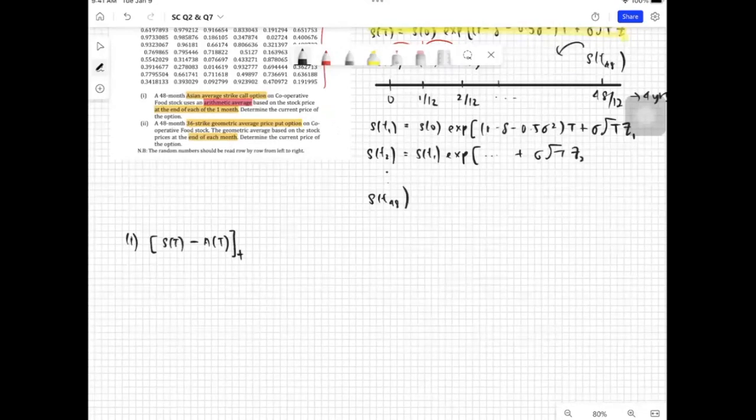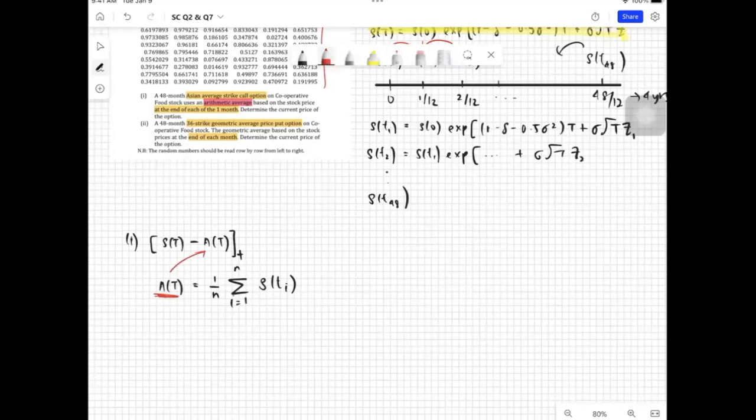Given that AT is derived by its mean, we sum up all the stock prices that we've calculated previously, and we get the average of it. So once we get AT, we will insert it back into this payoff here.